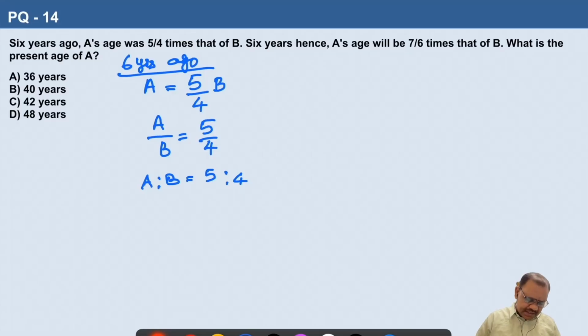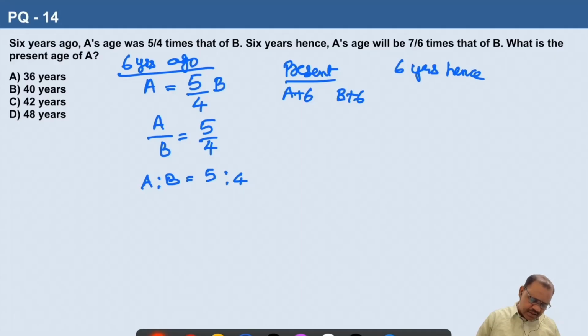So present ages we don't know. Present ages will be A plus 6 and B plus 6. And in the next statement he is saying 6 years hence. So for present ages we need to add 6 more years.